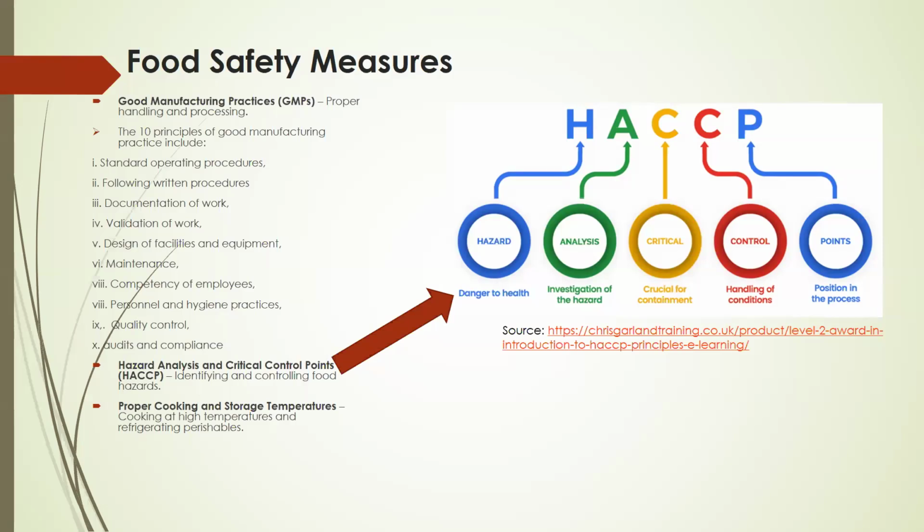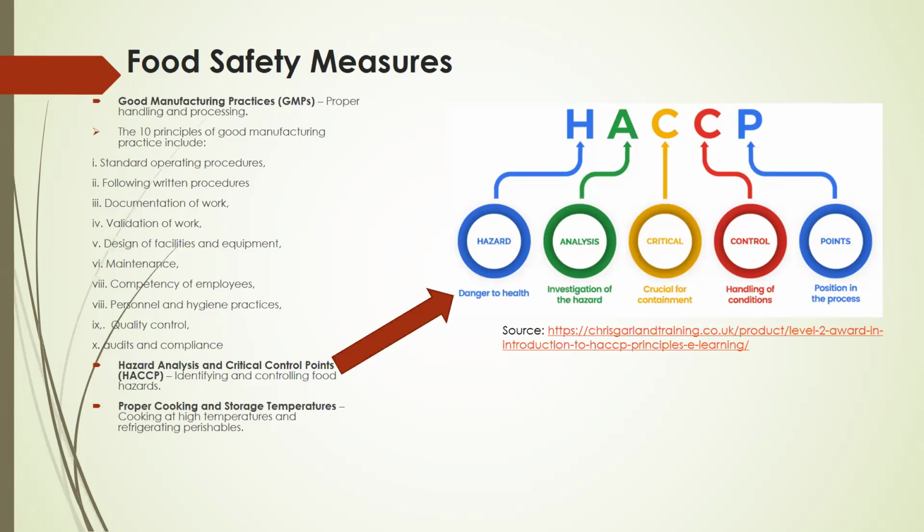If you don't do proper maintenance, there will be problems. Then the competency of employees: the group of people you appointed to do your food production in the food industry, are they competent? Do they know the rules and regulations?